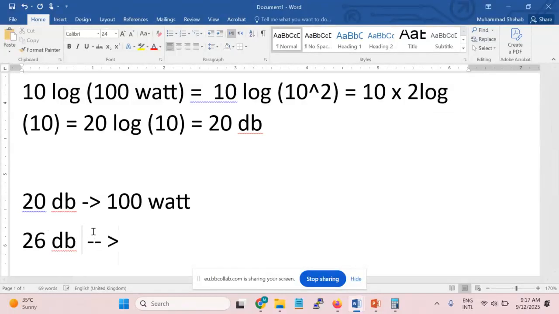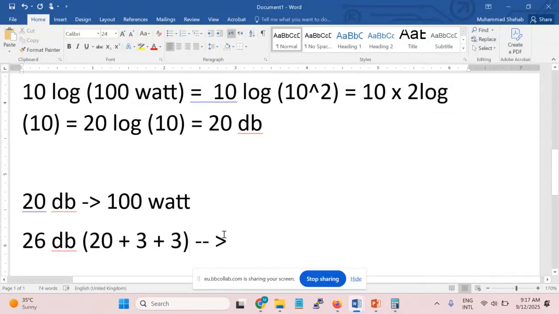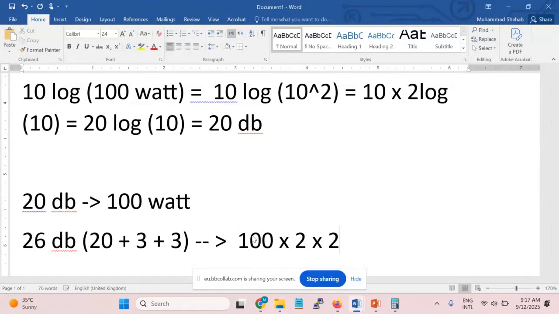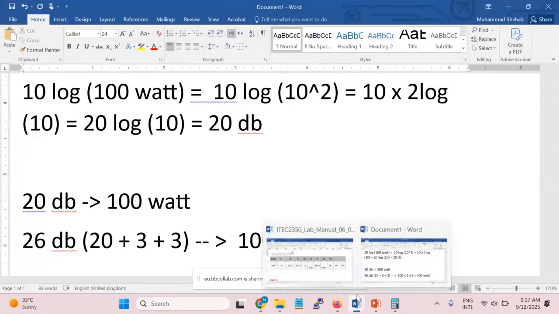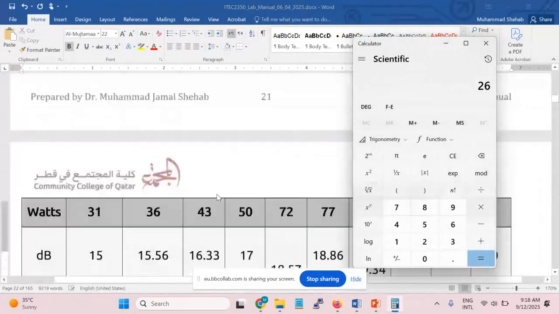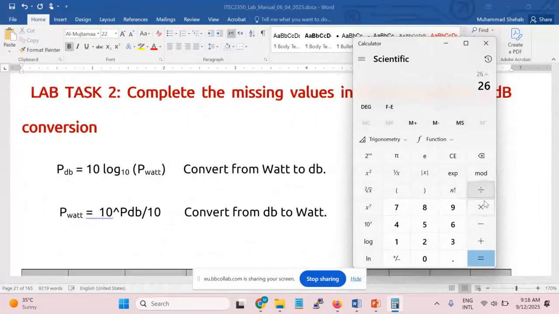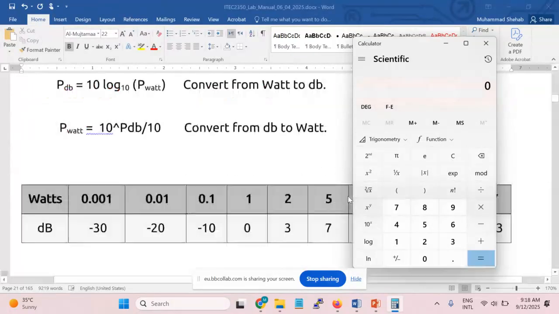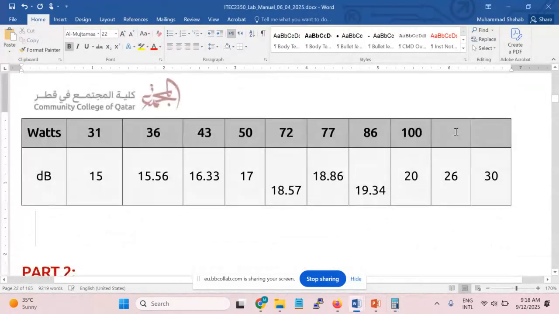Let me write it here. 26 is 20 plus 3 plus 3, which means in watt 100 times 2 times 2, which equals 400 watts. Let us calculate it in the calculator. 26, I'll use the second formula, divided by 10, and I will take 10 power 2.6, equals 398, around 400.